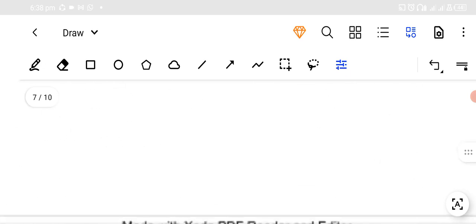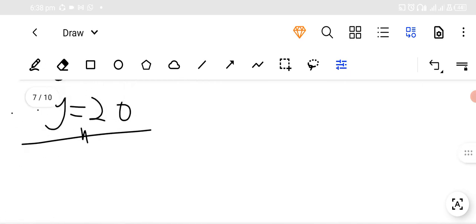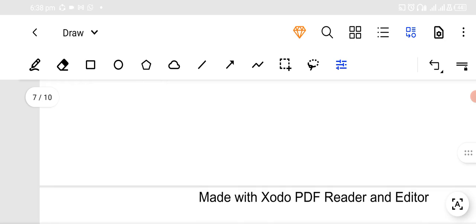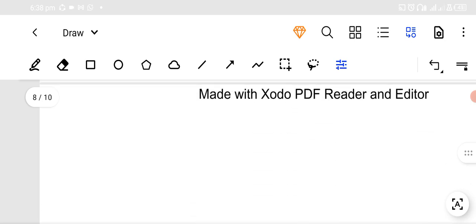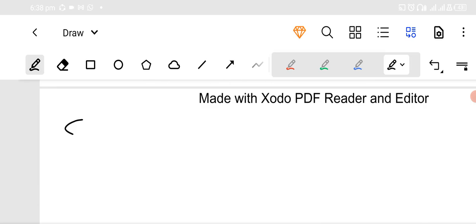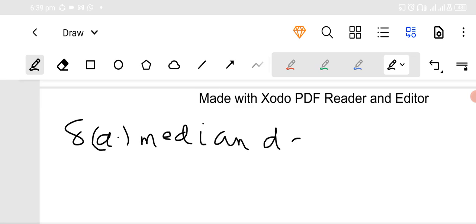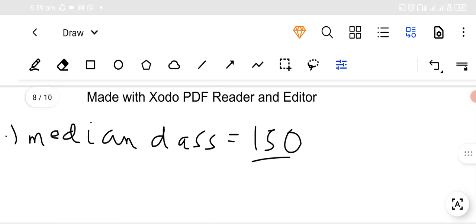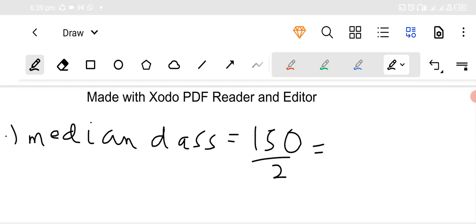Okay, so question 8A. Let's just write question 8 on one page. So 8A, median class is equal to the total, which is 150, total number of people, you divide by 2, which is going to give you 75.